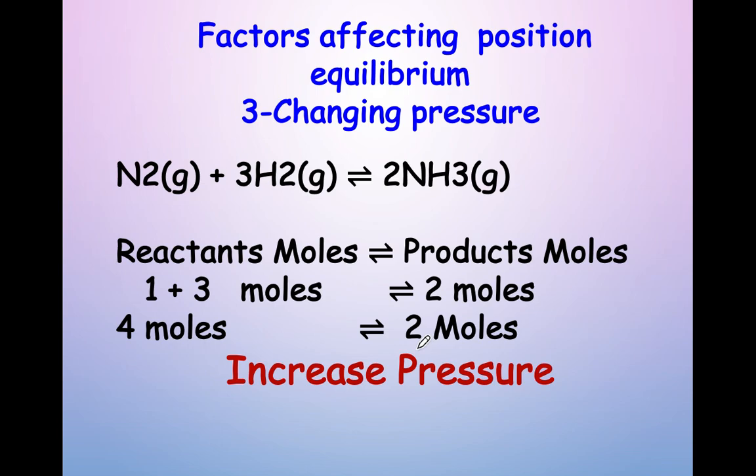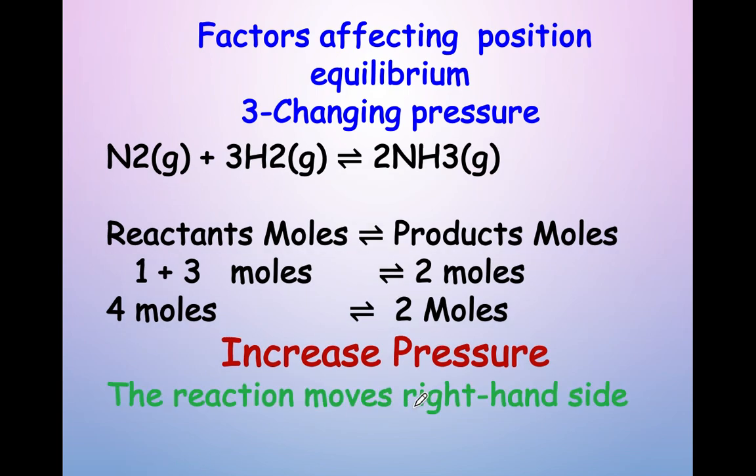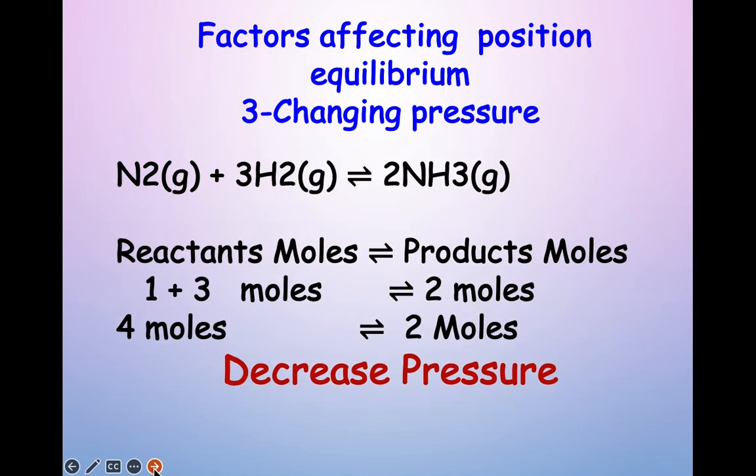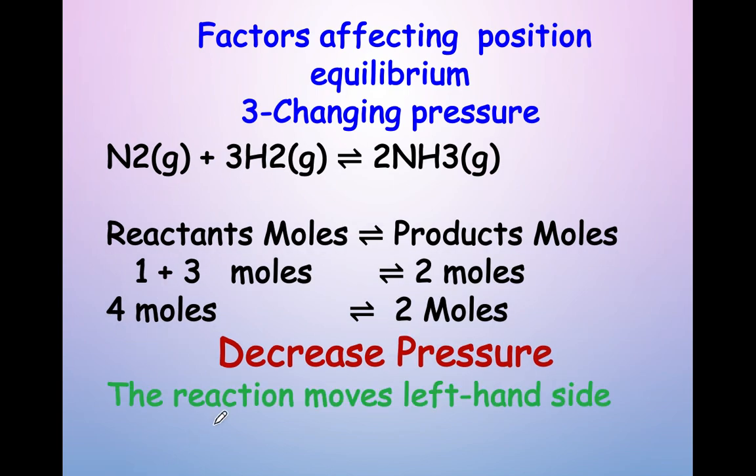So where the pressure is low, it will move to the right hand side where the moles are less. So the answer is, because the moles are less with the products, the reaction will move to the right side. What will happen if we decrease the pressure? It will move to the higher pressure with the reactants, so the reaction will move to the left hand side.